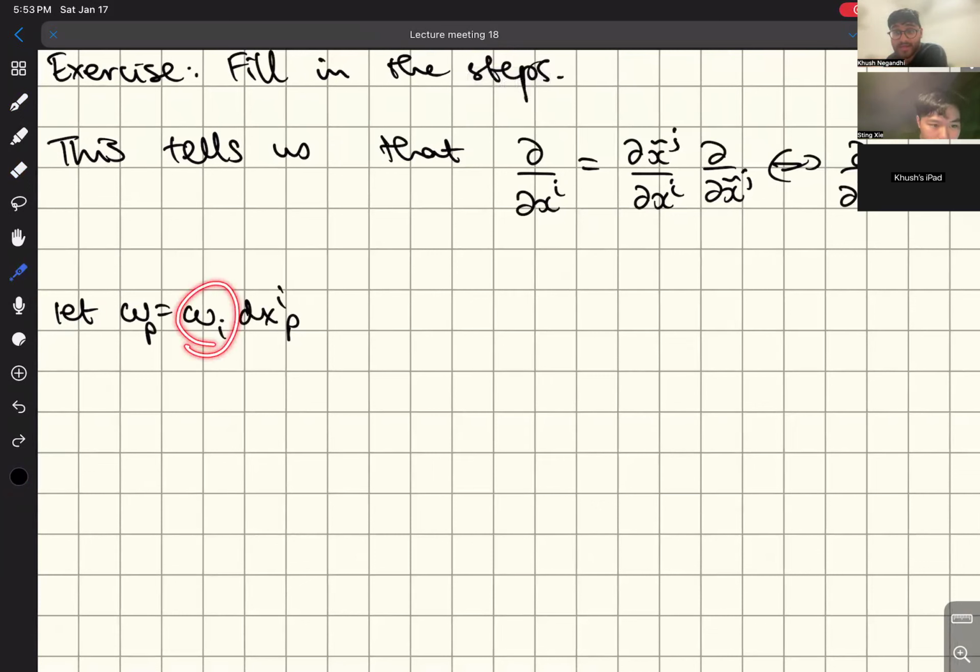It has some coefficients omega i in the basis given by phi, but it also has components omega tilde given in the tilde coordinates, because again, these are two valid coordinates. And now let's see what the relationship between omega i and omega tilde i is.